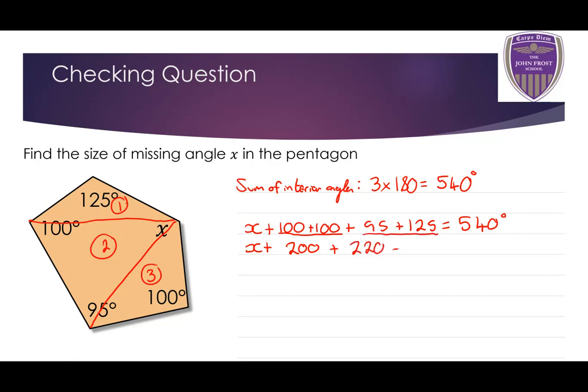So x plus 200 plus 220 is 420, which equals 540 degrees. So something plus 420 is equal to 540, and hopefully you figured out that x has to be 120 degrees. Very well done if you got that right.